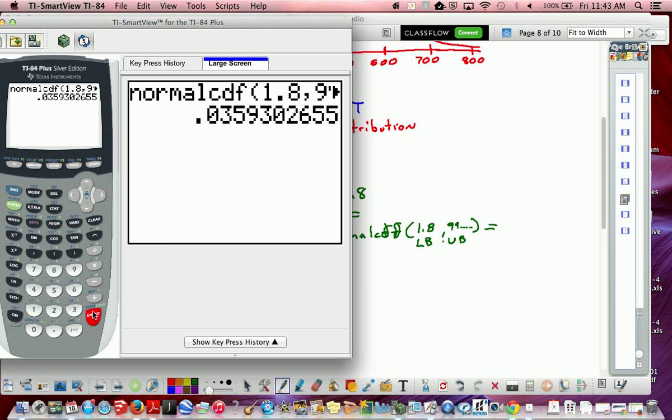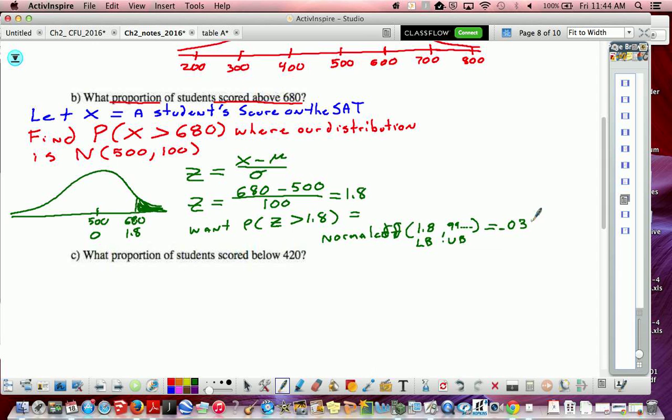I go out 3 decimal places with proportions because if I was using Table A, that's what I would get for an answer also. Now if you're actually using Table A, you calculate the area of 1.8, look on your table, and you'd actually have to subtract it from 1.